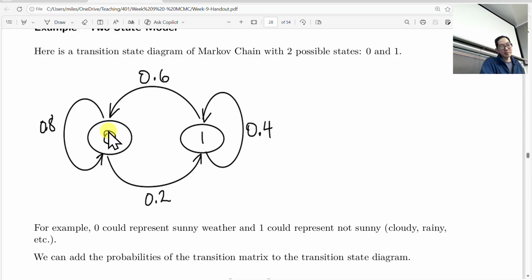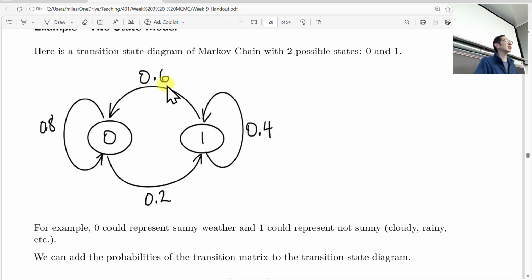If it's sunny today, the probability it's sunny tomorrow is 80%, and it may become cloudy or rainy tomorrow with probability 20%. If it's cloudy or rainy today, the probability it's cloudy or rainy tomorrow is 40%, but it may become sunny with probability 60%.